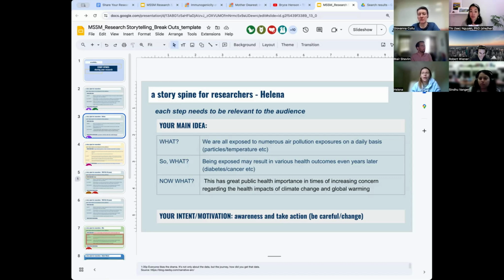These can come even years later. It's not always short term, but also long term. You won't see it before. And the now what is to make this research more popular and more diverse, in order to create awareness and try to handle it through public enforcement, less pollution, or not being exposed to temperature when it's very hot.